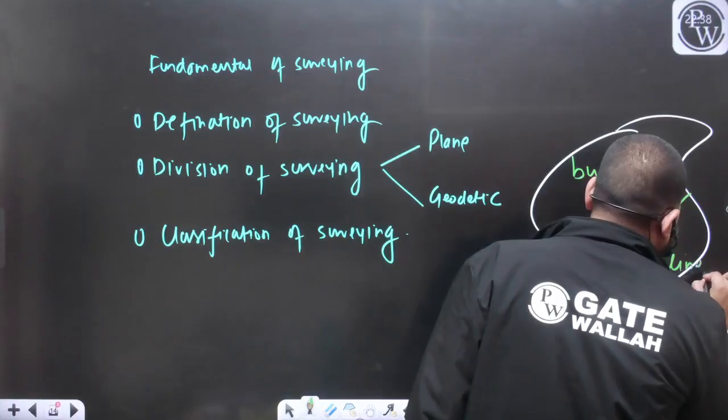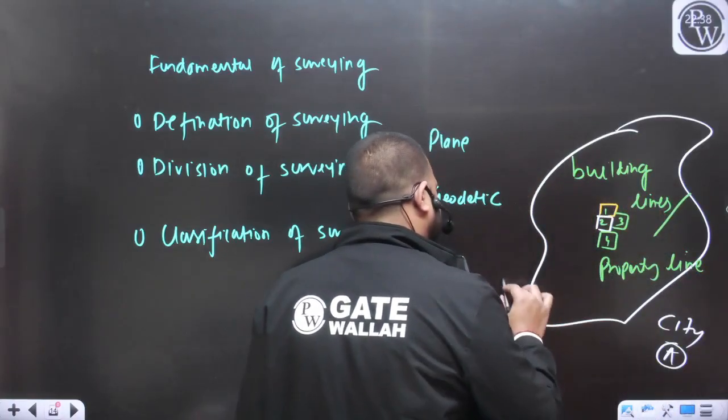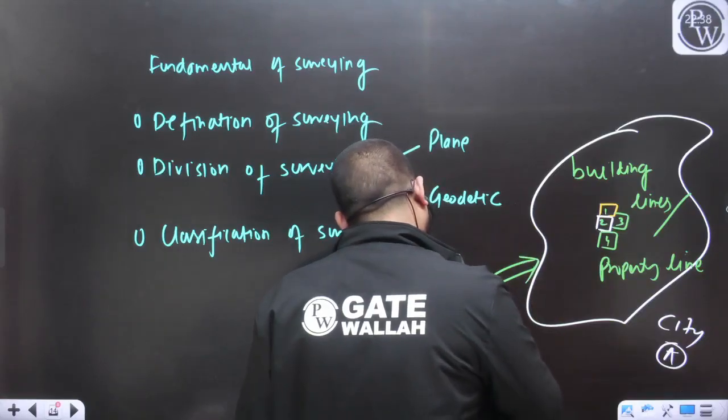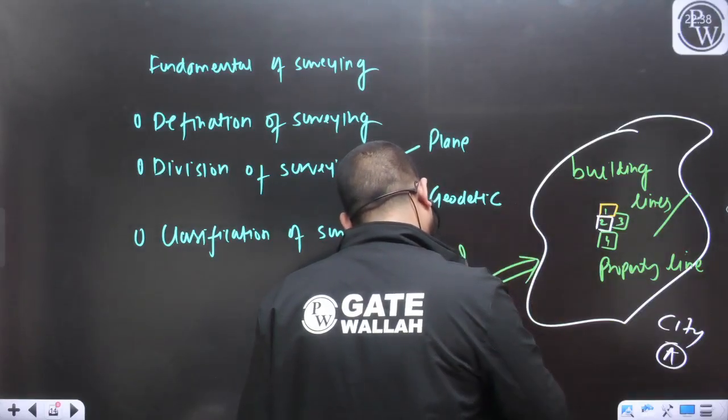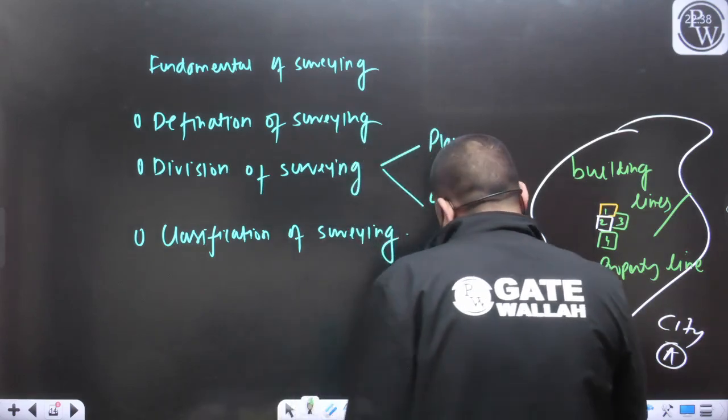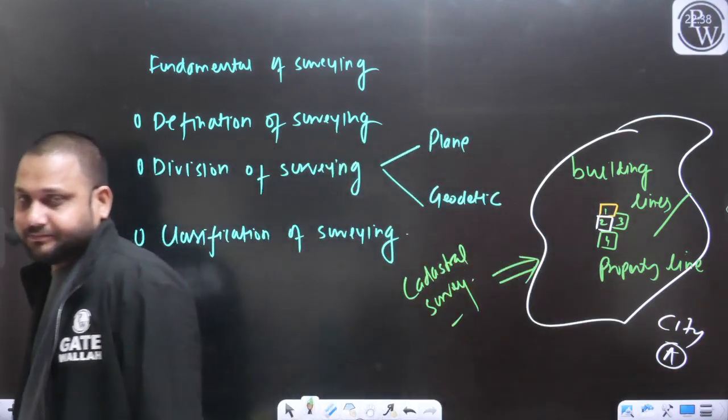To locate the building lines or the property lines, we will go for the cadastral survey.